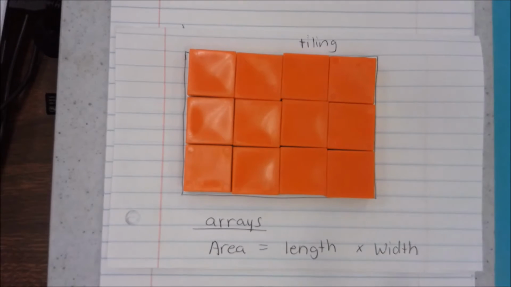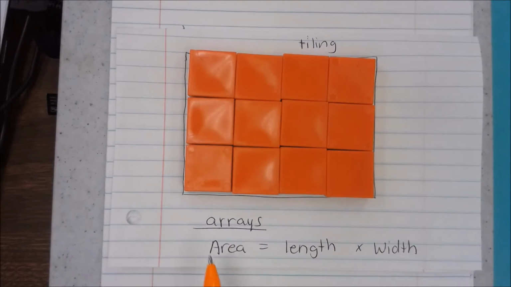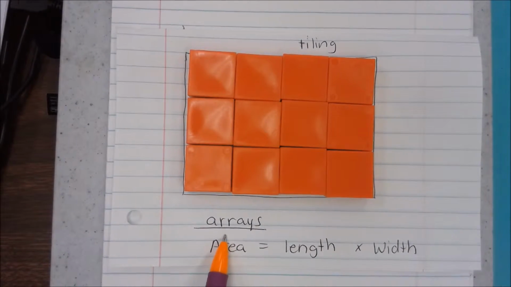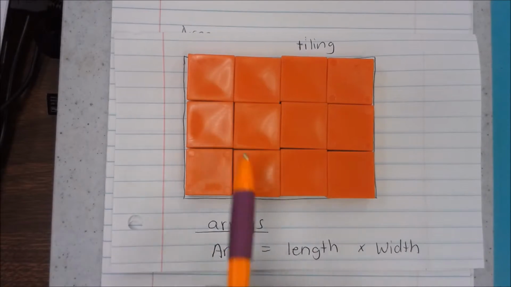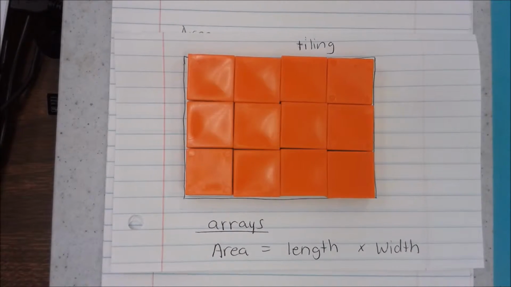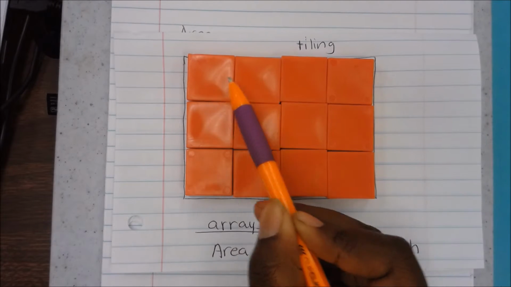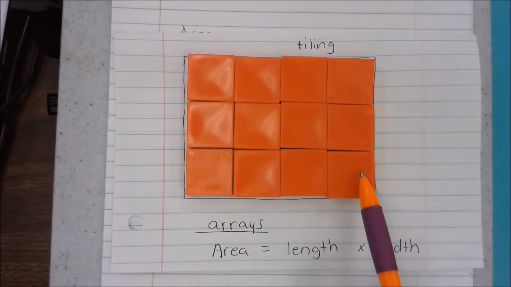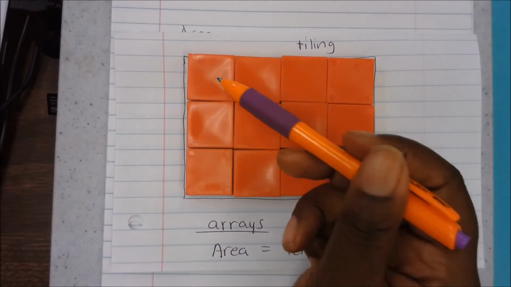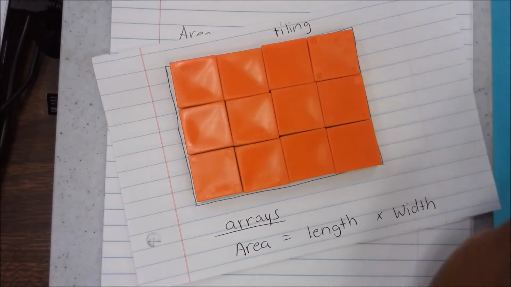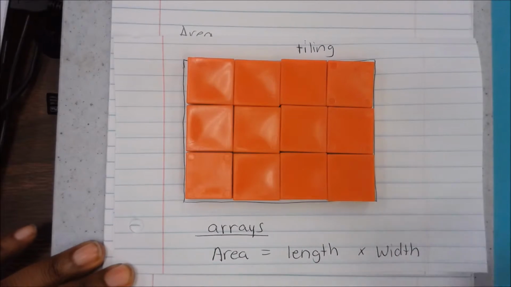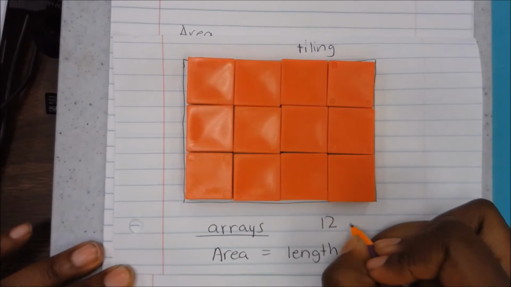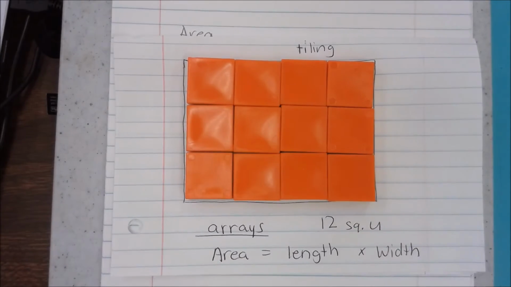Once you realize that toweling is creating arrays, and an array has rows, the length, and columns, the width, you multiply them to figure out area. In our case, when we toweled, I have 4, 8, 12. I can count by 4s, or I can count by 3s: 3, 6, 9, 12. This rectangle has an area of 12 square units.